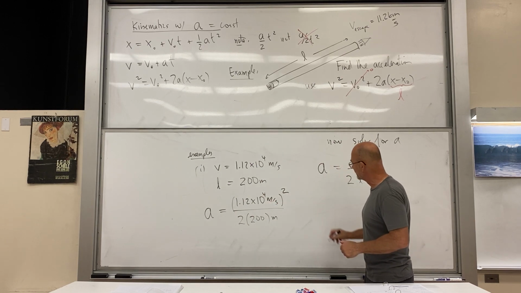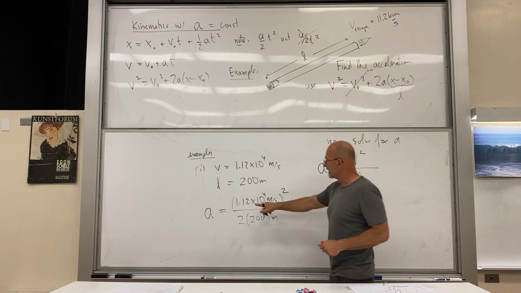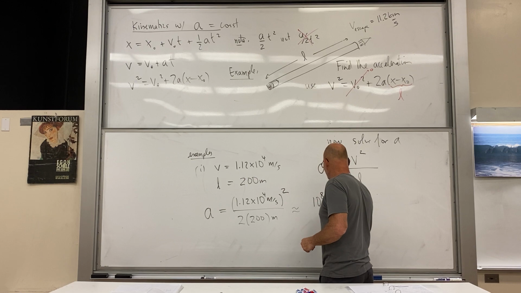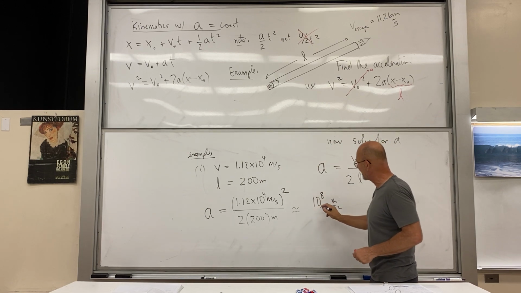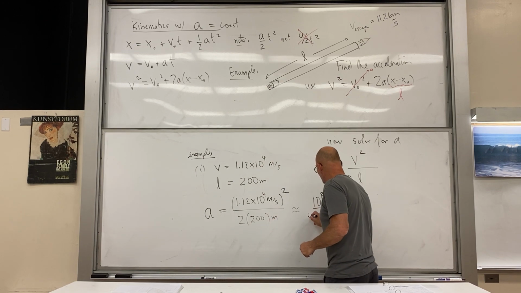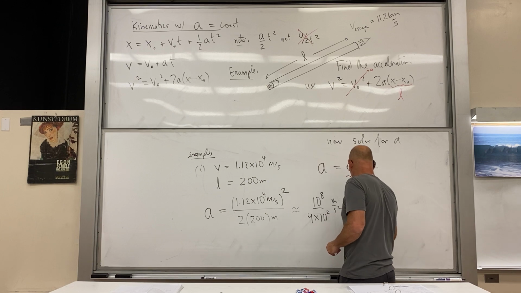That's the right units. Now I'm just going to estimate because I don't have a calculator here. But this is just about 1, so this is 10 to the 8 meters squared per second squared. Well, actually, those are the final units. So it's 10 to the 8 divided by 400, 4 times 10 squared.